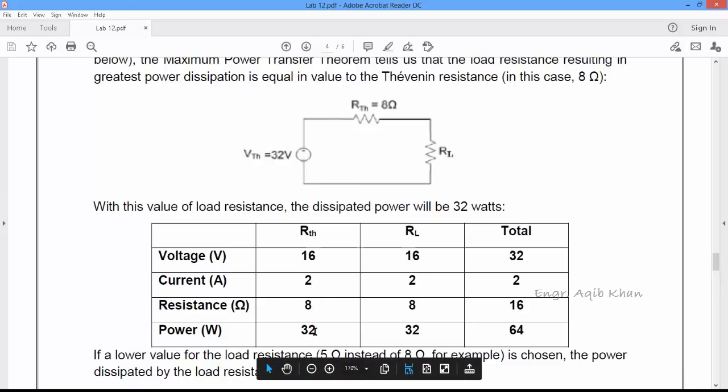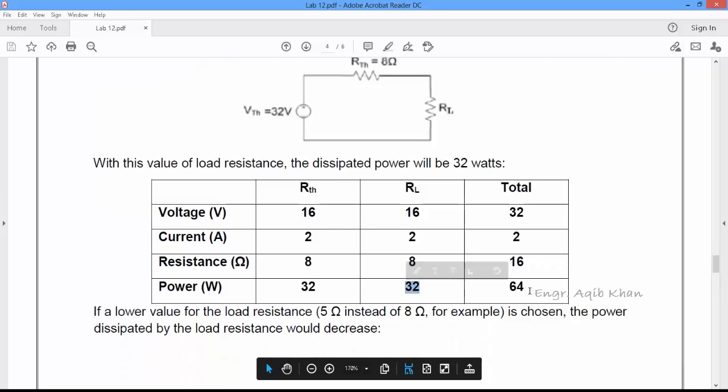Then the power is V into I, or I square R, or V square by R, which is equal to 32 watt, and for RL also 32 watt. The total power is 64.